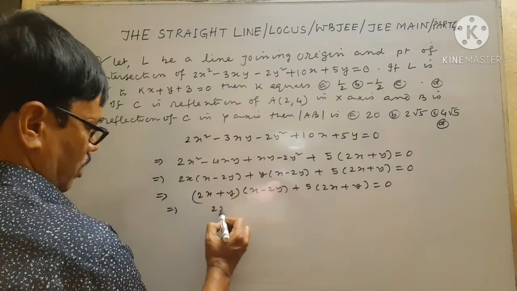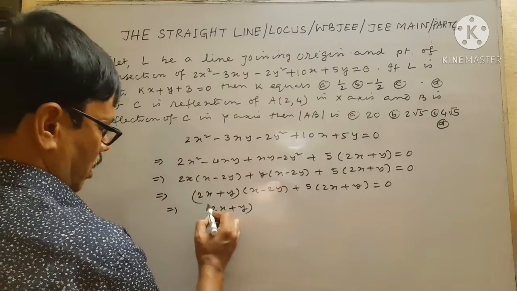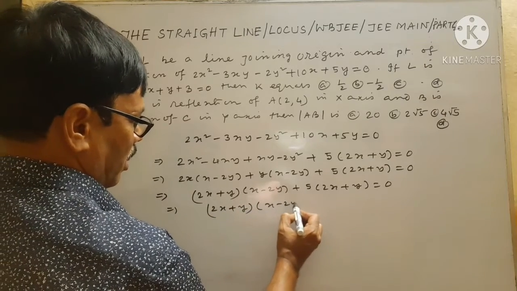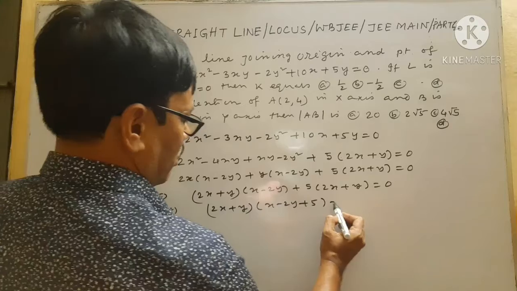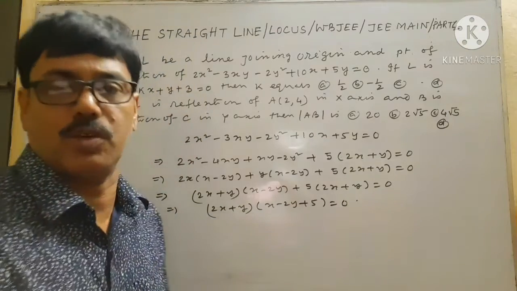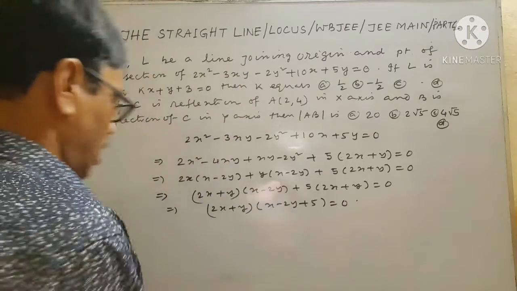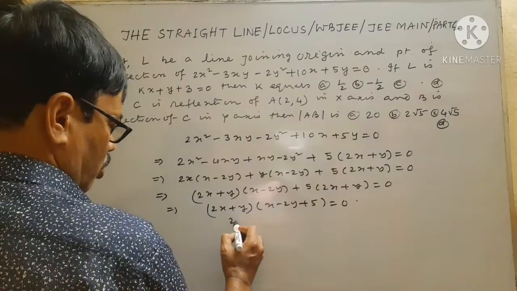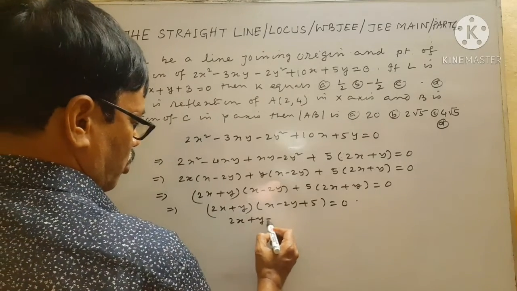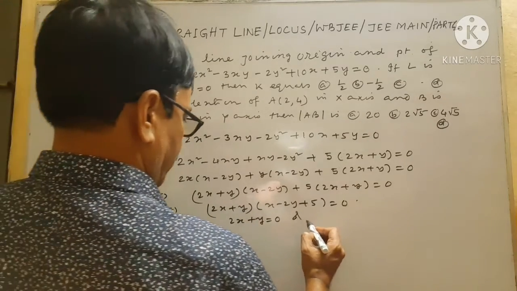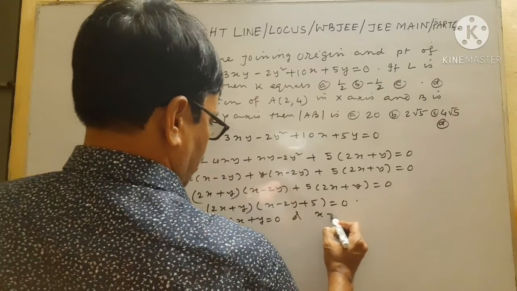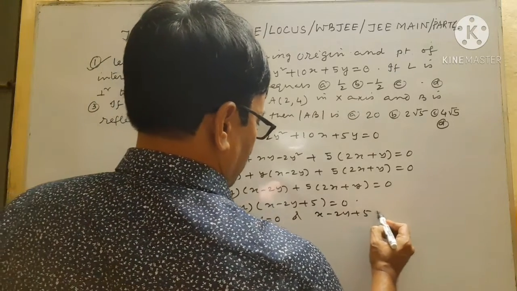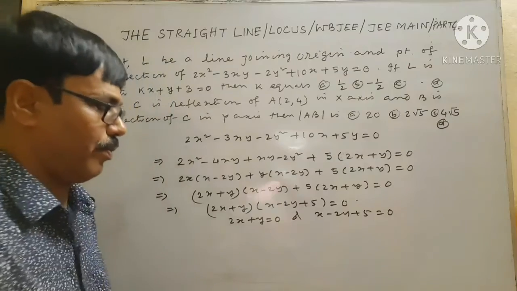So finally we are getting 2x plus y common, x minus 2y plus 5 equals to 0. So individual equations are 2x plus y equals to 0 and x minus 2y plus 5 equals to 0.